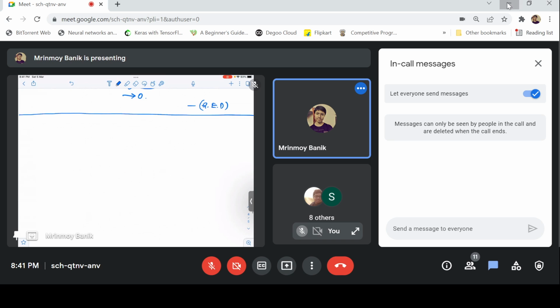Now simplifying further, so ln n plus 1 and n plus 1 ln n plus 1, so minus ln n plus 1. Then we have a minus ln 1 plus 1 by n. Then we have a plus n ln n and a plus 1.